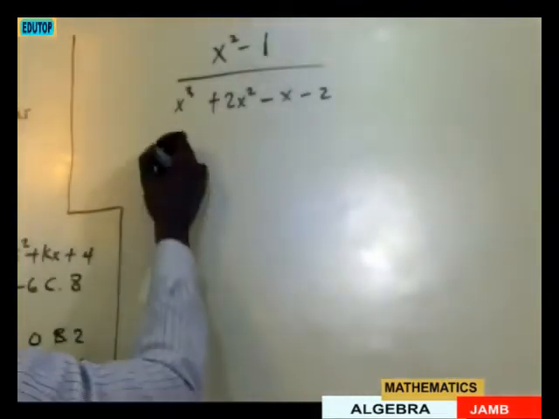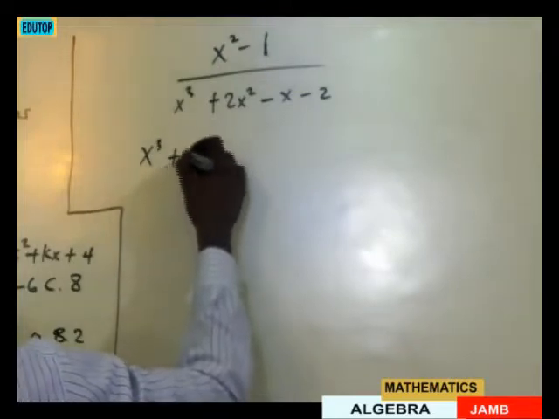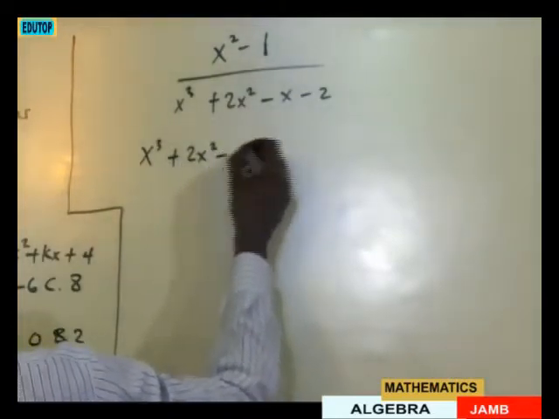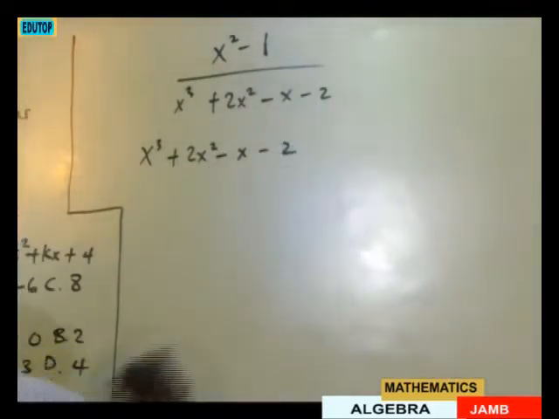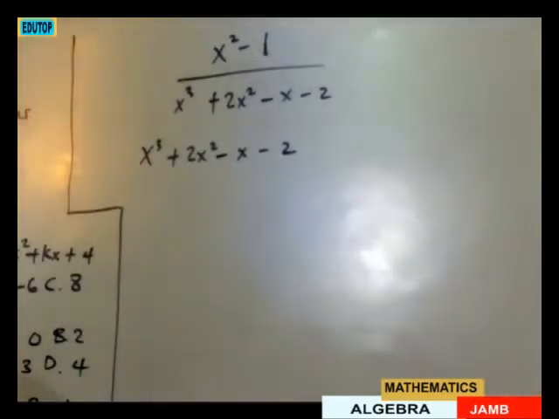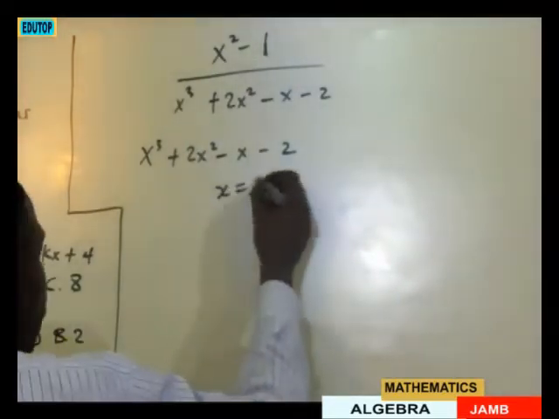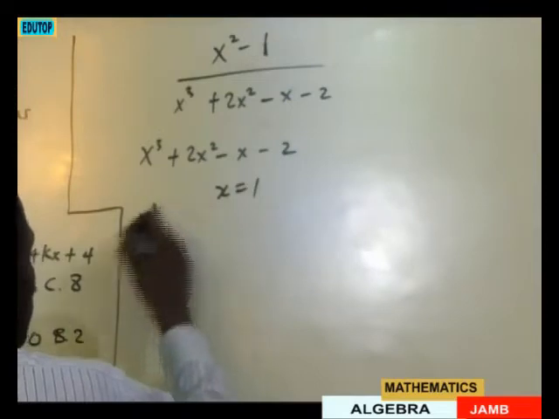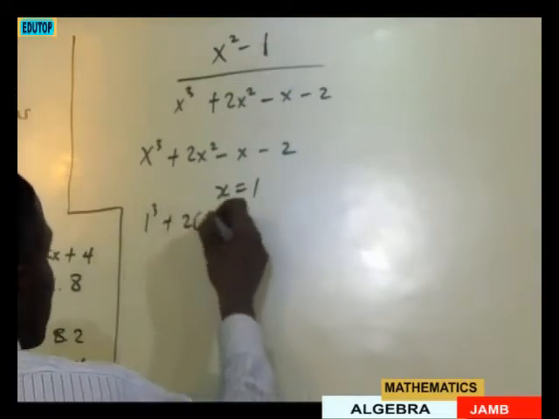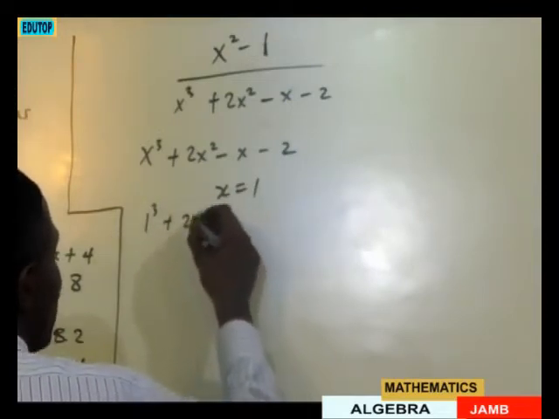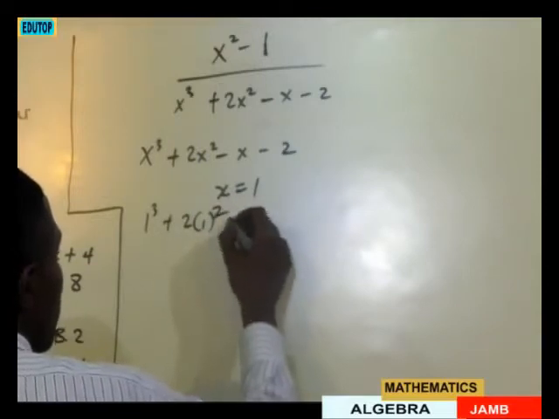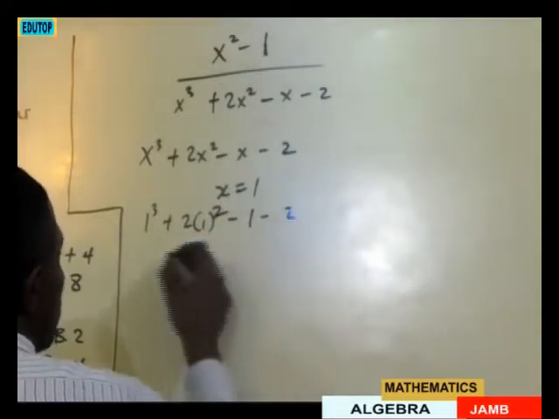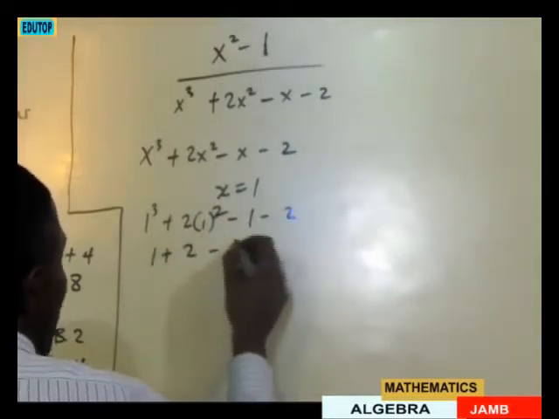So if I want to break this, let me break this x cubed plus 2x squared minus x minus 2. So let me test whether 1 will work here. 1 cubed plus 2 into 1 squared minus 1 minus 2. So this one is 1 plus 2 minus 1 minus 2.